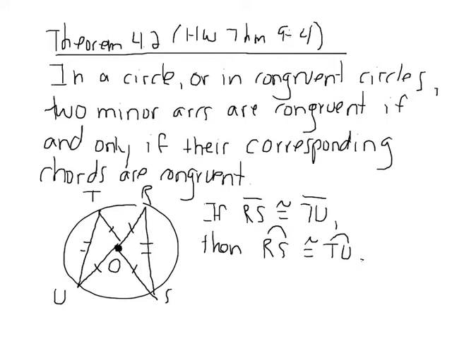So do you agree that that means that the measure of angle ROS is congruent to the measure of angle TOU? Since the measures of their central angles are congruent, that means the measures of those arcs are going to be congruent. That is, the measure of arc RS is congruent to the measure of arc TU. And that's kind of an outline of the proof. And you could do something similar if we're talking about the circles being congruent, because if the circles are congruent, that means that the radii are also going to be congruent. And you might imagine how that proof is going to proceed.